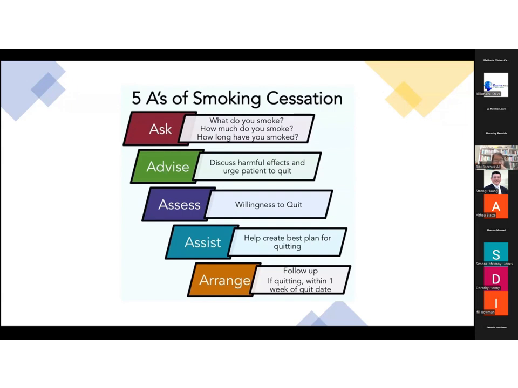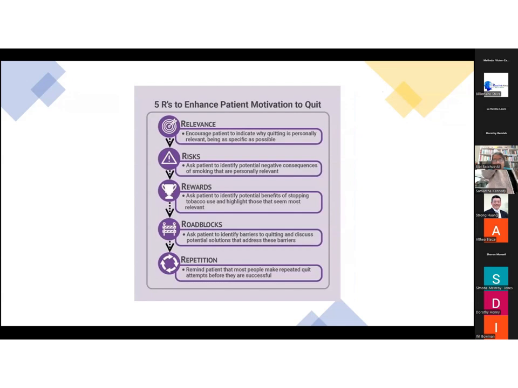Now, if they said no, they're not willing to quit, then you go to the 5 R's and basically try to find out why it is that they're not quitting. What are their roadblocks? What's preventing them from quitting? So relevance: encourage patients to indicate why quitting is personally relevant, being as specific as possible to that particular patient.